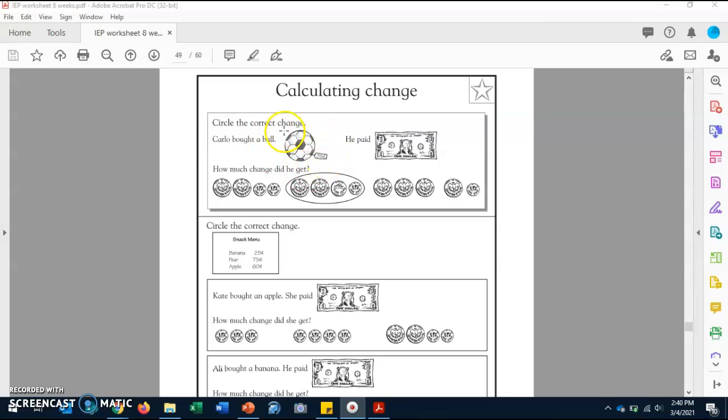We have the ball here, and it tells us how much the ball was worth, which was 35 cents. Then they're telling us he paid $1. How much change did he get? So they subtract the 35 cents for the ball from the dollar, and depending on their answer, they look at all the change they have here and find the one that matches.